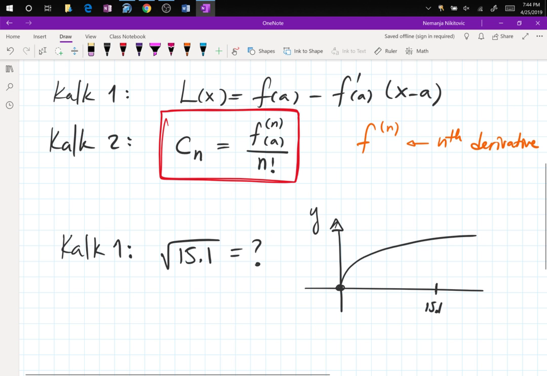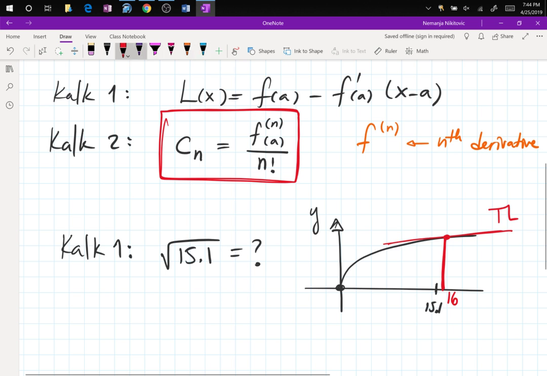But I don't really have a calculator, so I can't compute it. So we do the next best thing. I move over to 16 and I draw a tangent line. Calculate the tangent line.